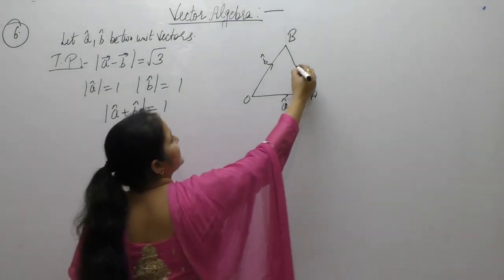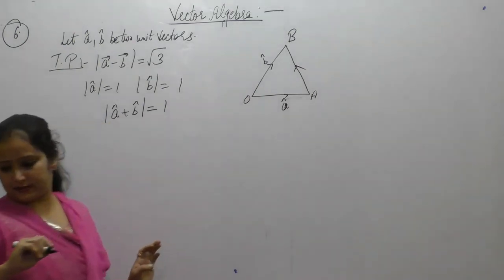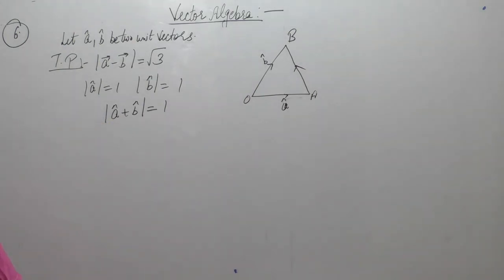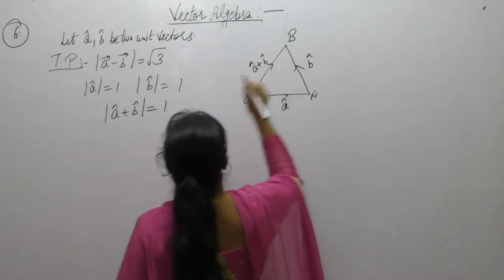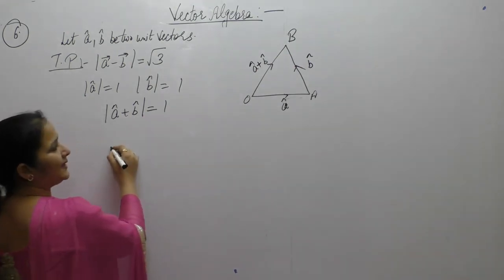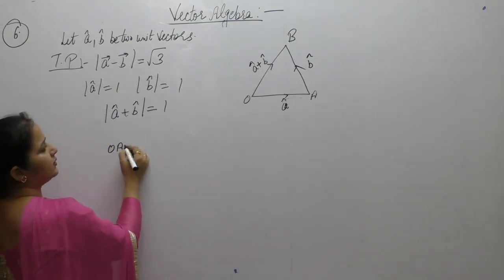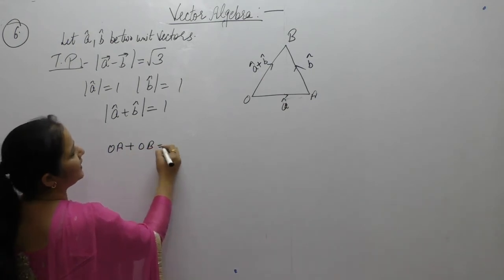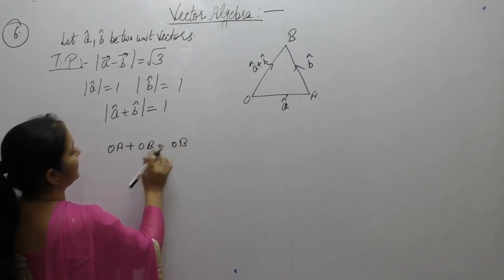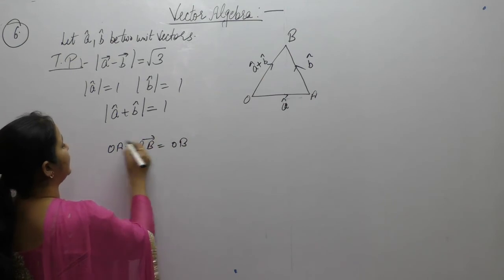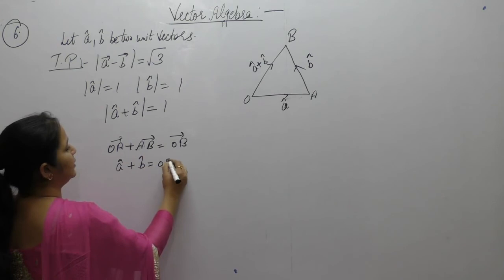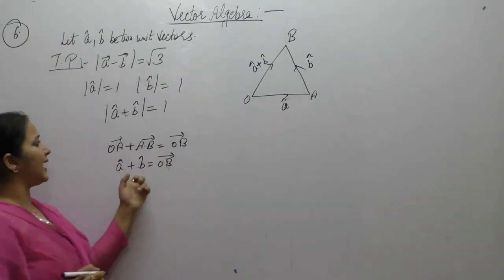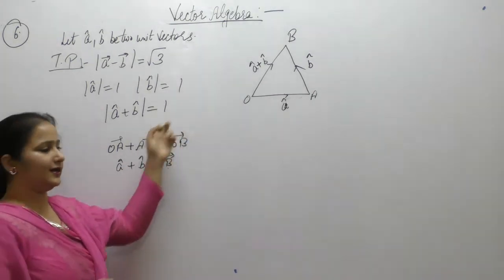Now we know that this is the resultant vector. By triangle law of vector addition, OA plus OB is equal to OB vector, A cap plus B cap. OB vector is A cap plus B cap, but it is also a unit vector.